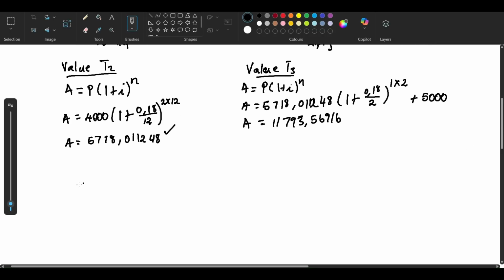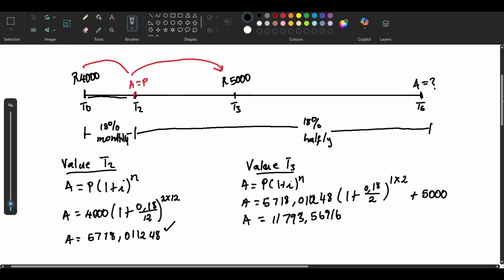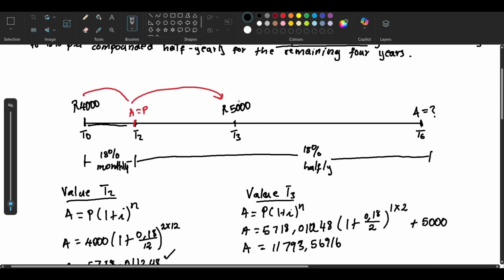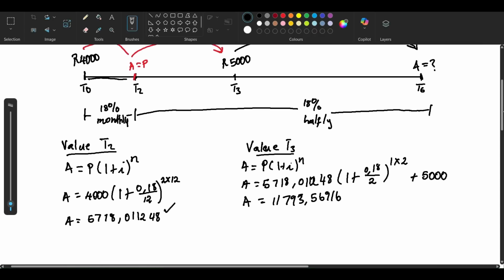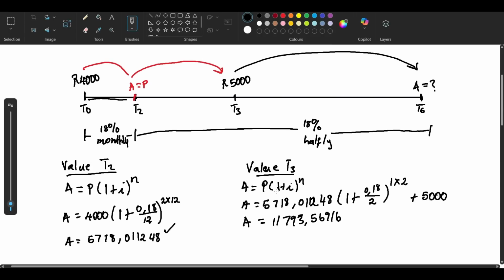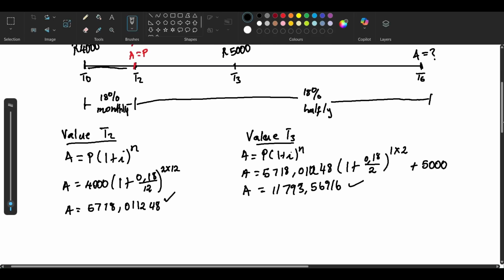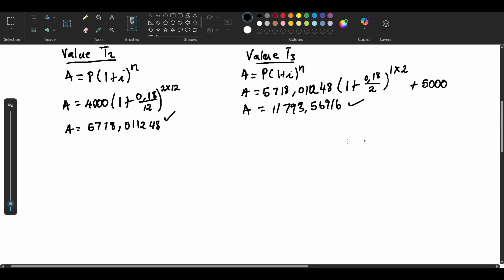And then we are going to move from T3 to T6, right? So remember, guys, this money was our final amount when we were moving from T2, but now it's going to be our present amount, which is our principal amount. So we are going to say our value at T6. That's what we are looking for.